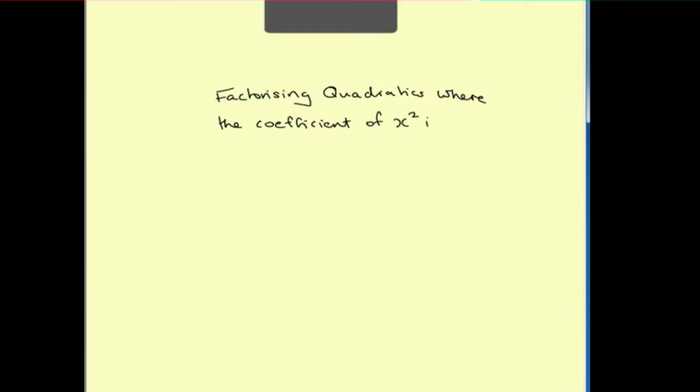Okay, we're going to start off by looking at factorizing quadratics where the coefficient of x squared is unity, i.e. 1.